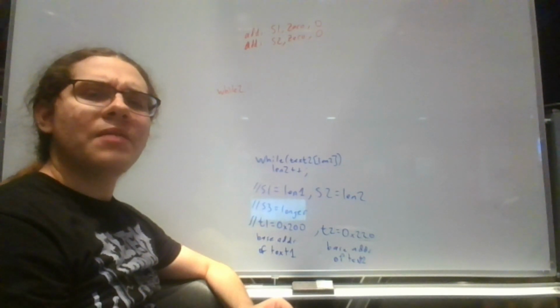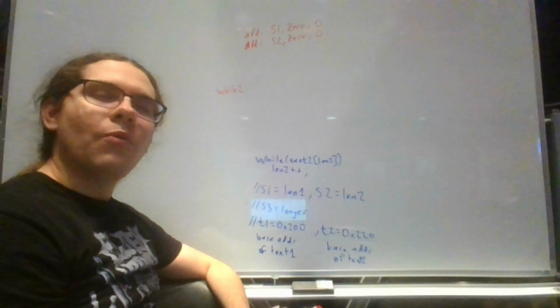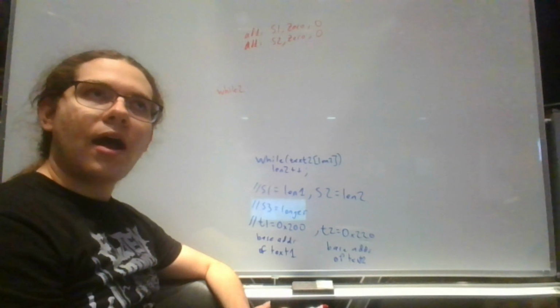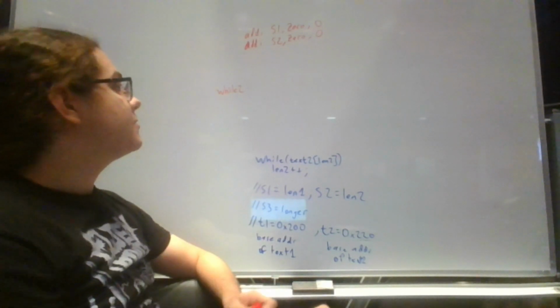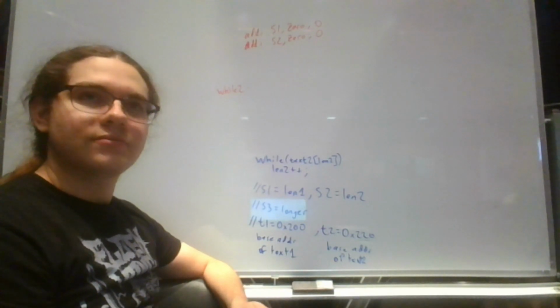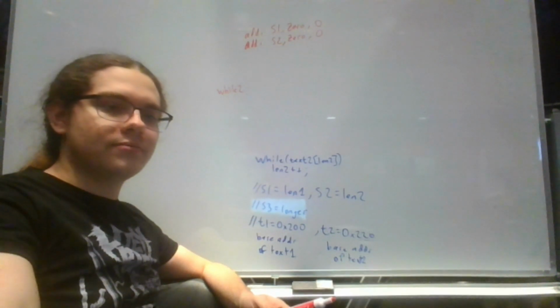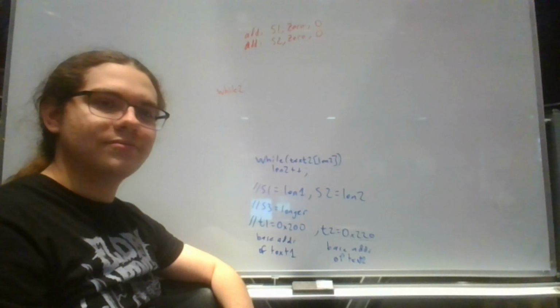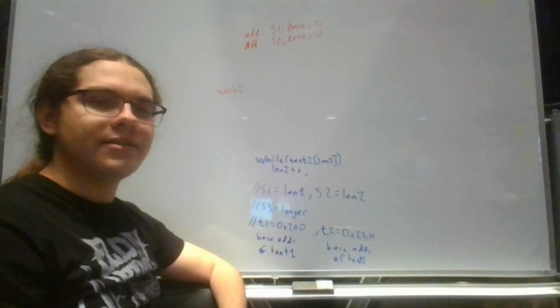So I know that when I'm inside my while loop, I want to increment my length. So what I can do is, well, actually, how do you increment a variable? What code would I write to add 1 to something?